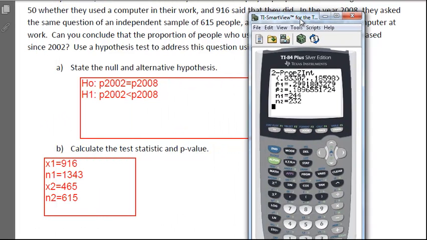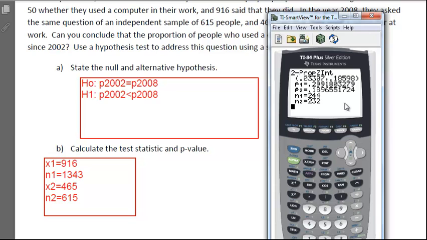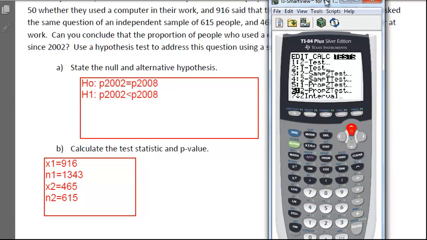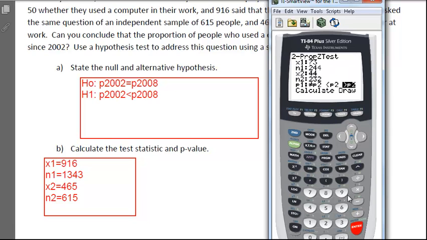So let's go ahead and use the calculator first. This is a hypothesis test. So we go to stat and then test. And then it's a hypothesis test for two proportions. So we want to go to number 6. And then it's pretty simple from there. You're just entering the information just like I wrote it down here.